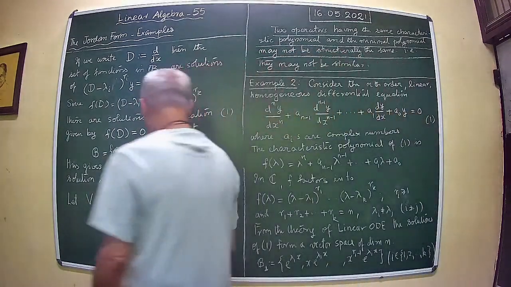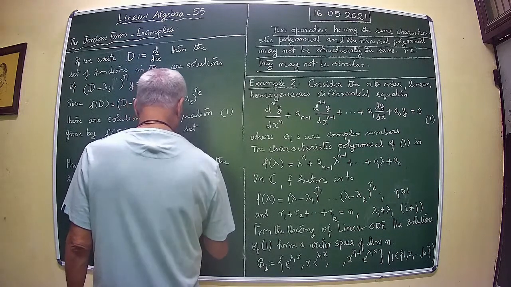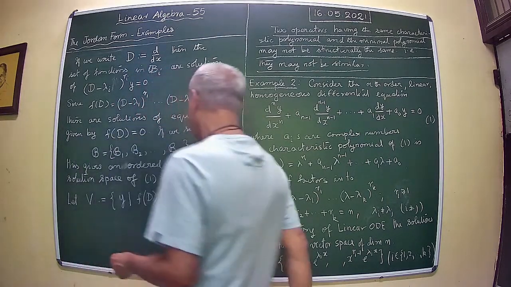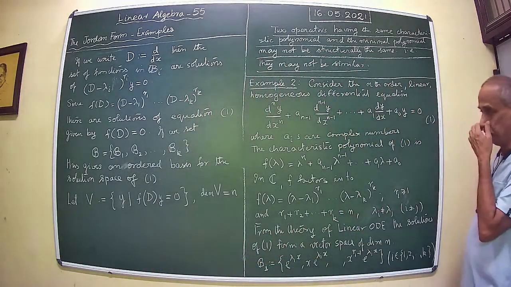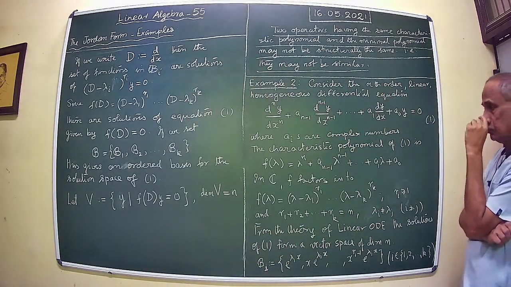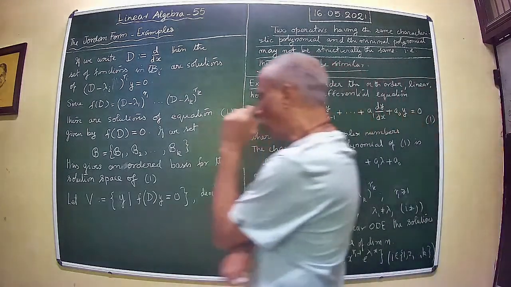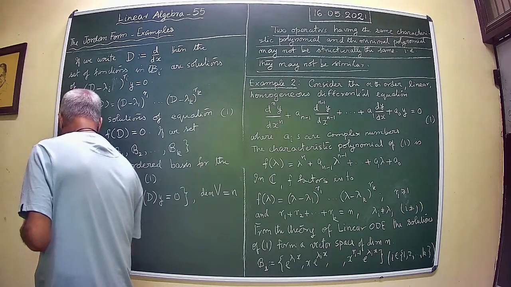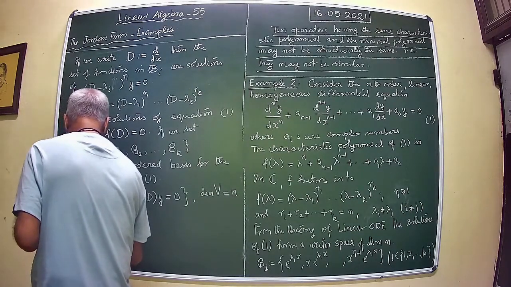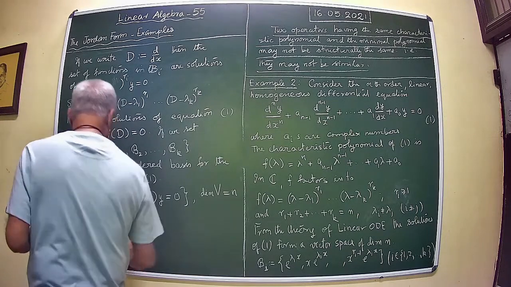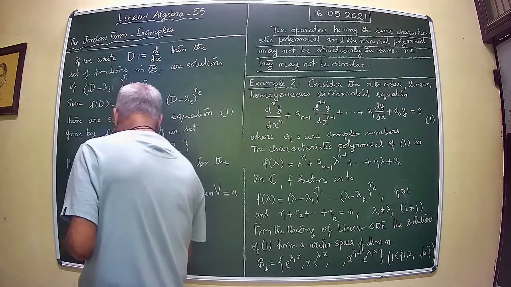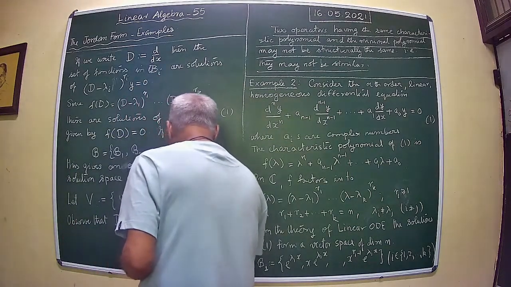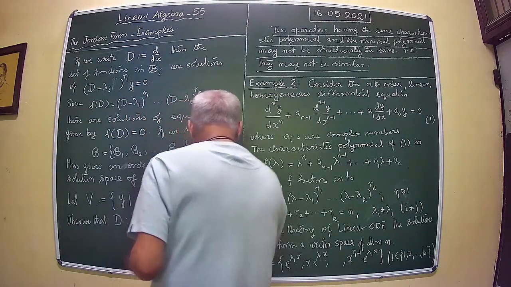Then the dimension of V is n, this we know. Now observe that D maps V into V, so D is a linear transformation.